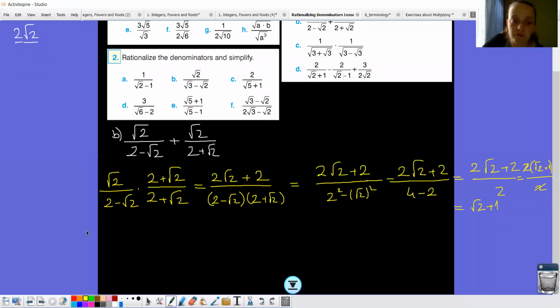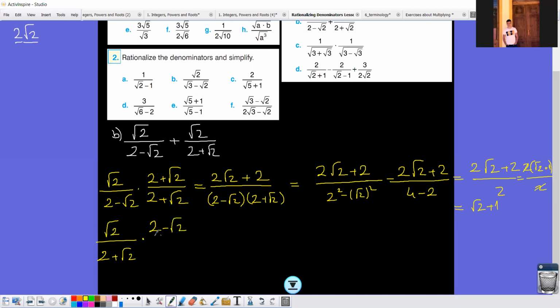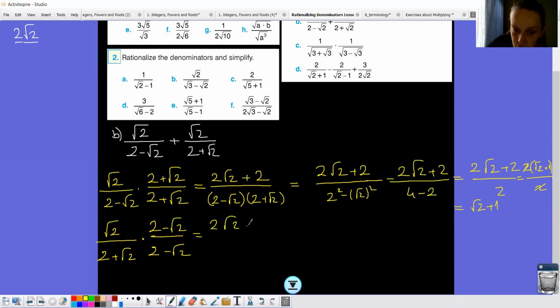The same thing I will do for the second fraction. Root 2 over 2 plus root 2 now. And now we are multiplying with 2 minus root of 2, 2 minus root of 2 over 2 minus root of 2. Then it will be root 2 minus 2, yes?